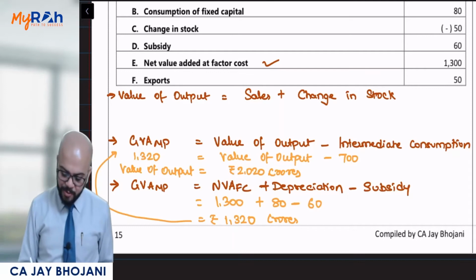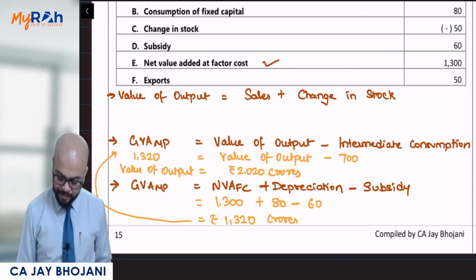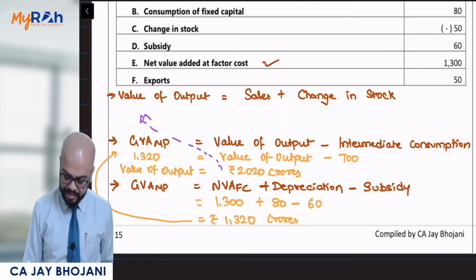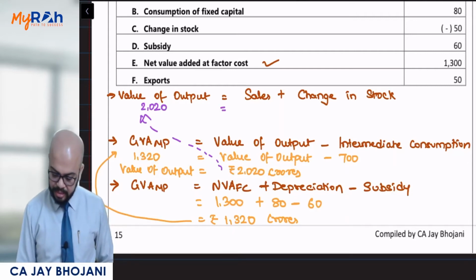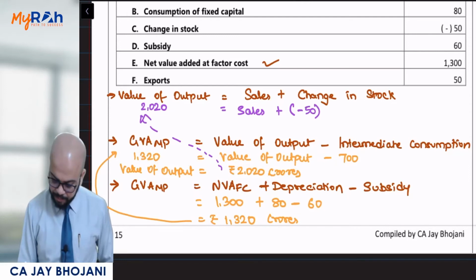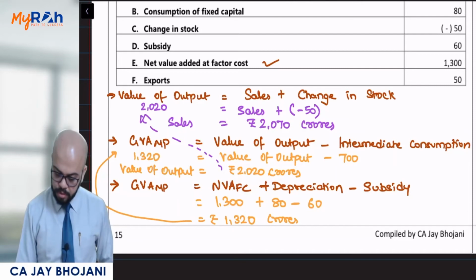Okay, and now using this value of output, I will be able to find my sales. So this is 2020. Sales I am still finding out, and change in stock is given to me as minus 50. So sales will be equal to 2070 crores.